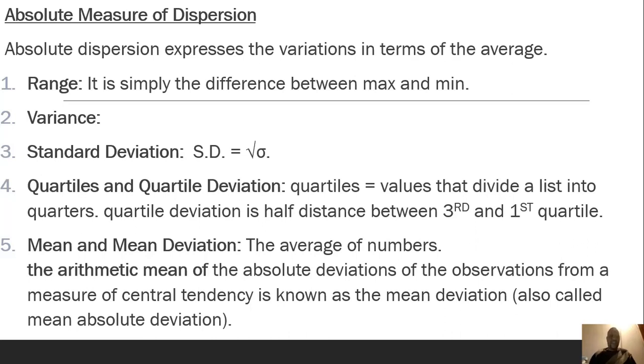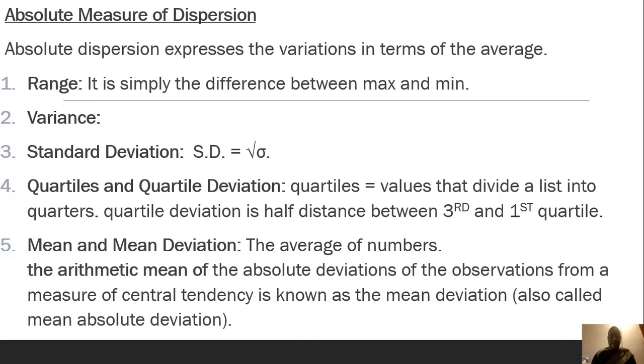We say the mean is simply the sum of the values that you have divided by how many those values are in the distribution. A mean deviation is an arithmetic mean of absolute deviations of the observations from the measures of central tendency, which is known as the mean deviation or an absolute deviation.